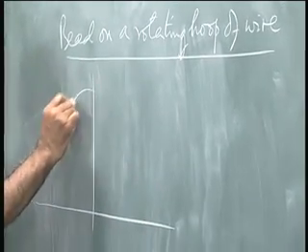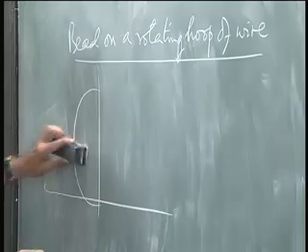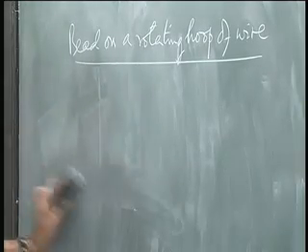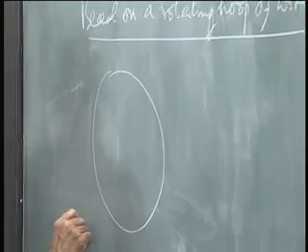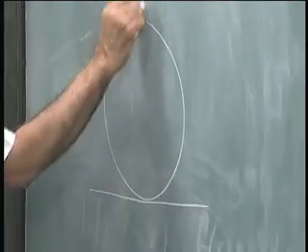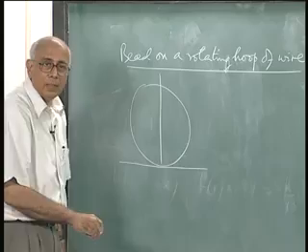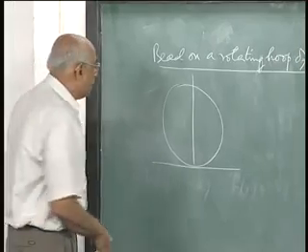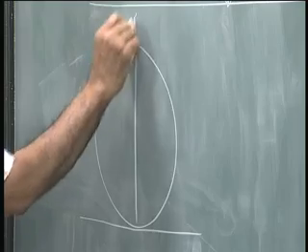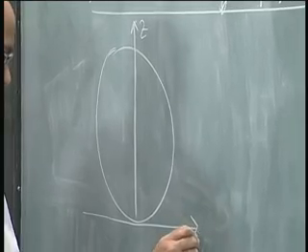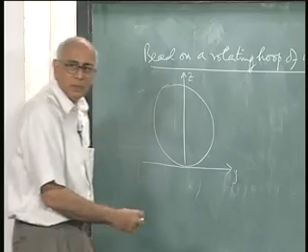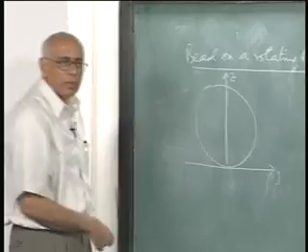Let us suppose I have a vertical hoop of wire, a circular hoop of wire. Let us draw the circle first and then put the axes. A vertical circle, there is gravity acting downwards, let us call that the z axis, and let us call this the y axis, so x comes out of the plane of the board.